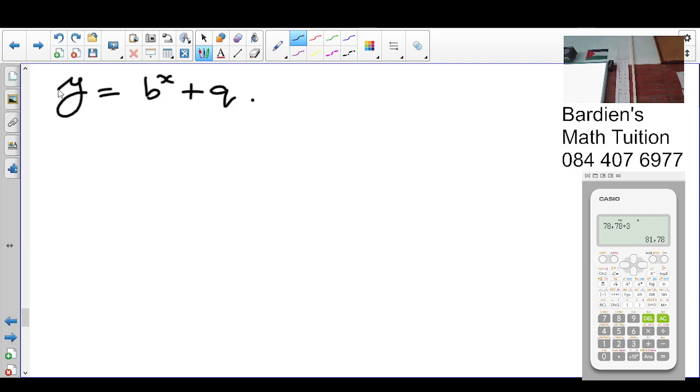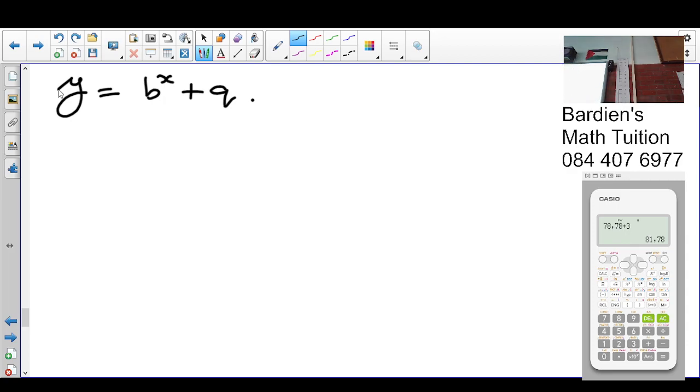Exponential function. Okay. You guys okay? You ready?